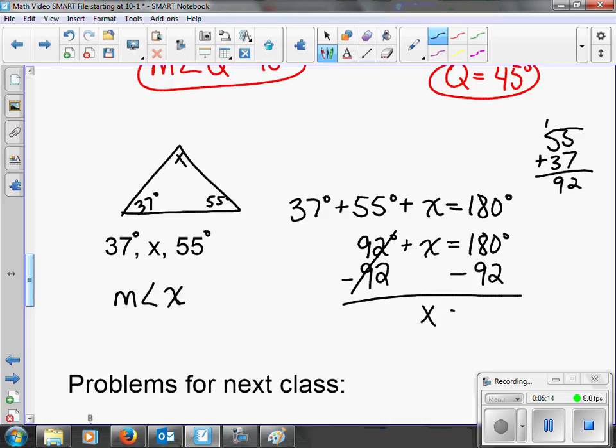And X equals what? Again, we have to borrow. This becomes a 0, this becomes 17, that's a 10. So we get 88 degrees. X equals 88 degrees. Check your math. So the measurement of angle X is 88 degrees.